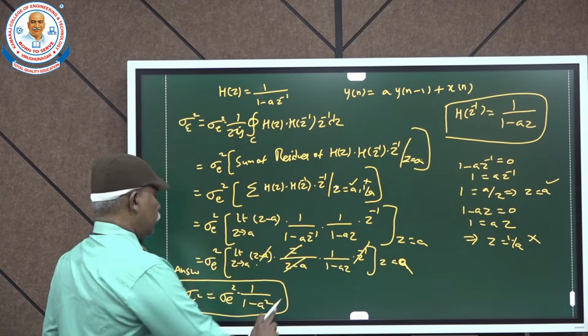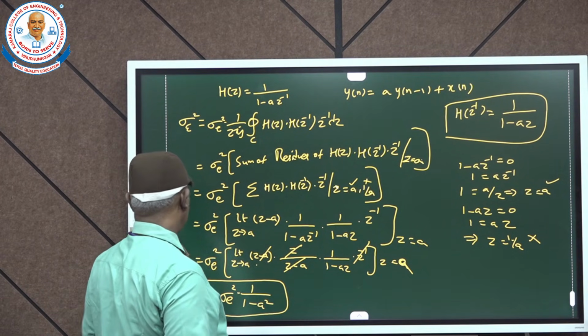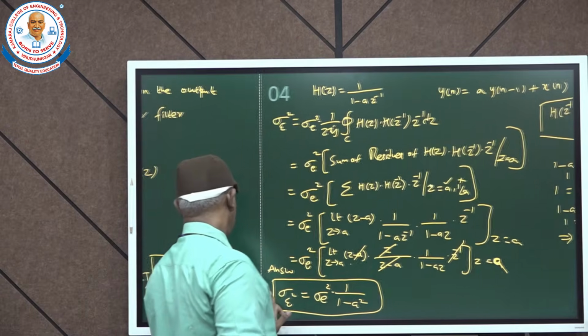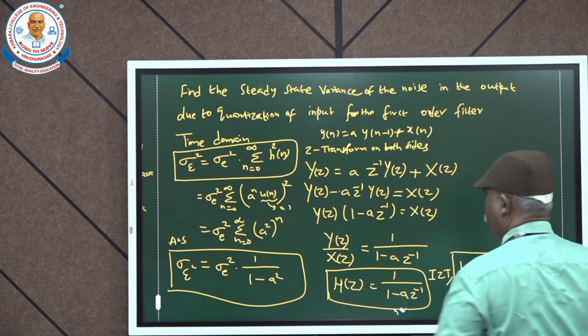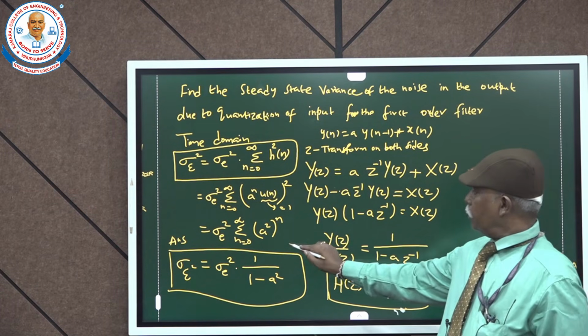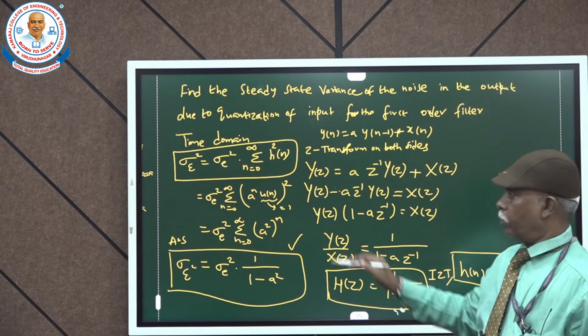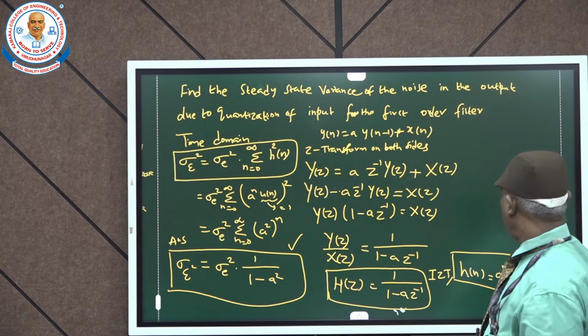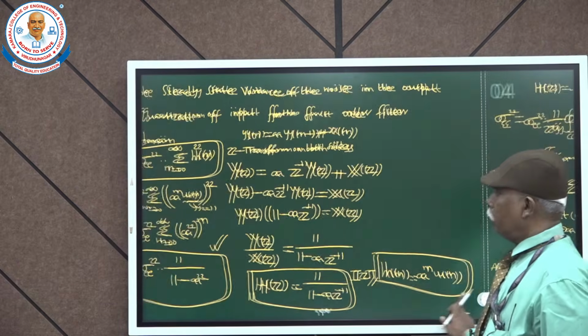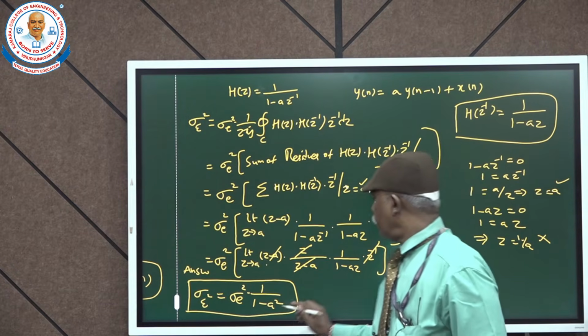So, the last answer is in the previous one. Dear students, this is the answer by using the time domain: sigma epsilon square, sigma a square into 1 by 1 minus a square. And now, the same answer in the frequency domain.